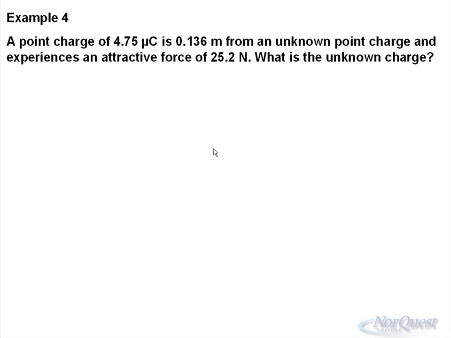Well, let's apply the electric force formula to this question. We've got a point charge of 0.475 microcoulombs. So I tend to draw a picture where possible. Here's my first point charge, Q1, and it has 4.75 times 10 to the negative 6 coulombs of charge.